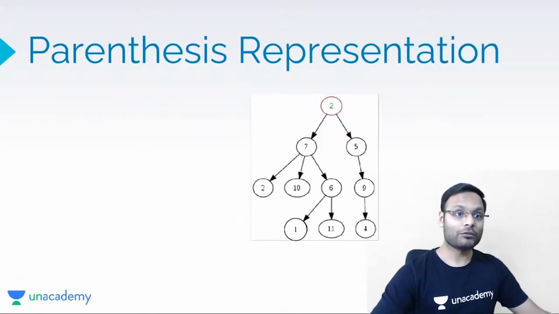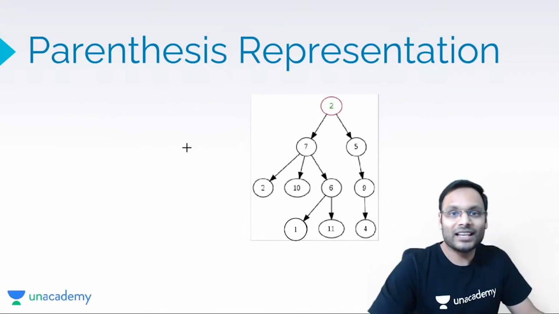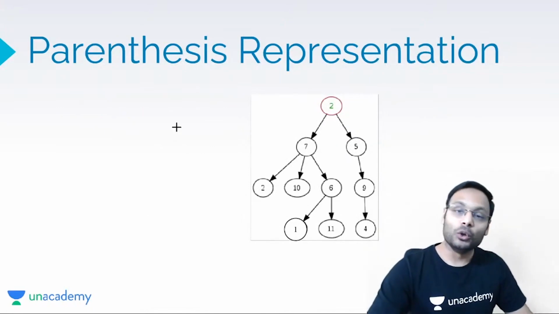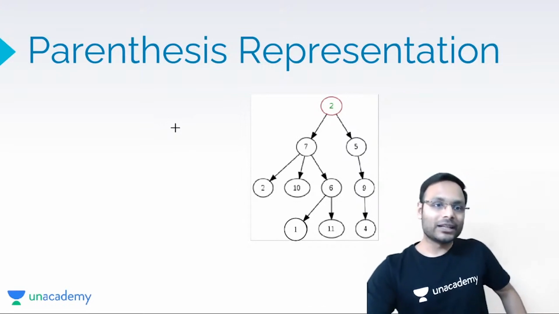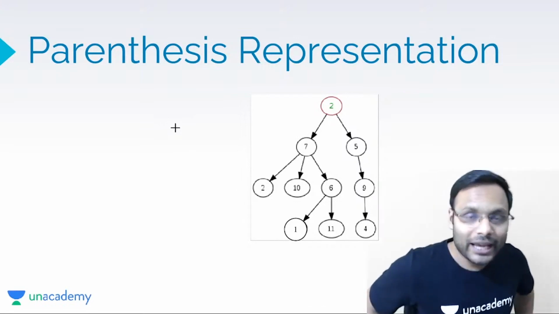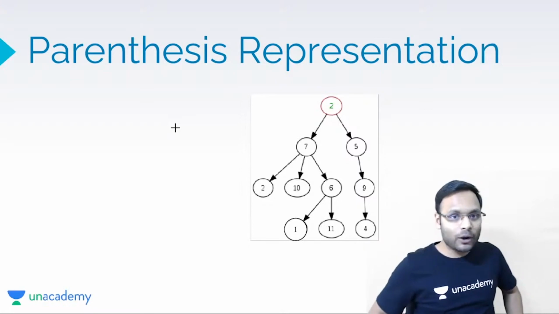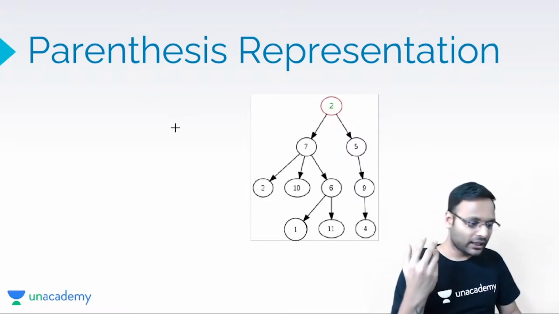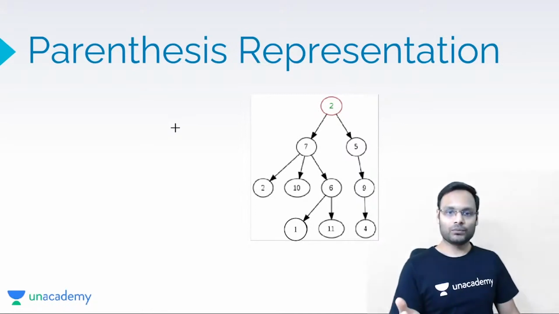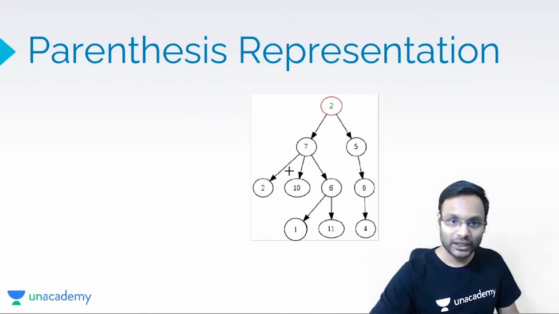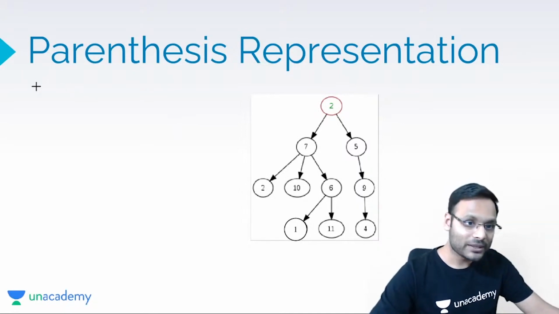Parenthesis representation of a general tree. Right now we are discussing a general tree in which there is no restriction on the children, no restriction on the keys or anything else. Right? As many children as a node can have, no left-right key restriction, no arrangement restriction, nothing. So how to represent such a tree? Using parenthesis. How do you represent?